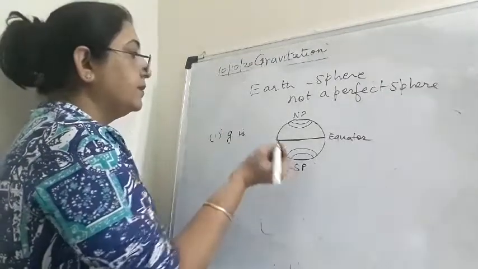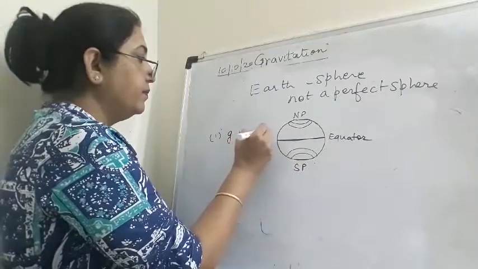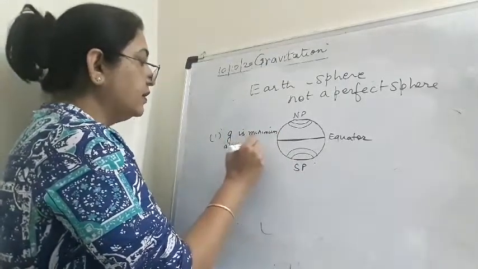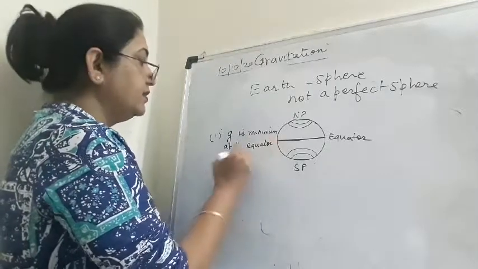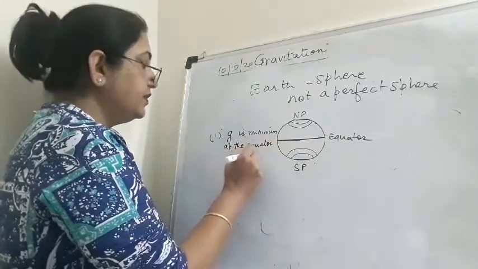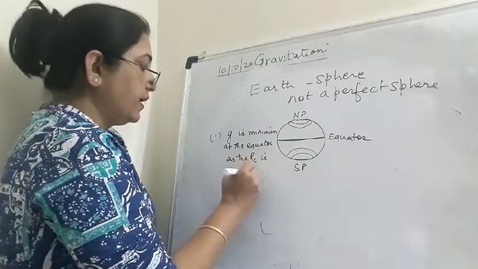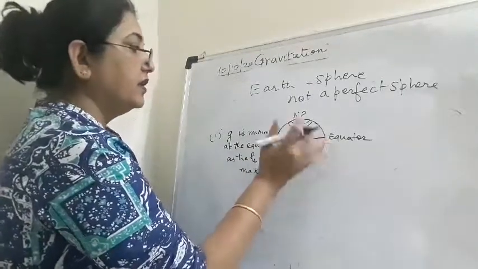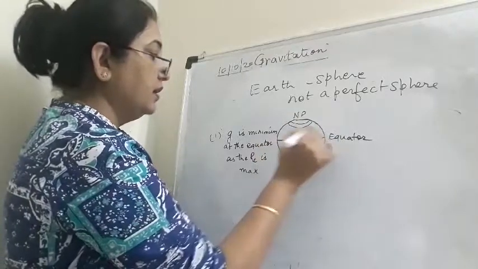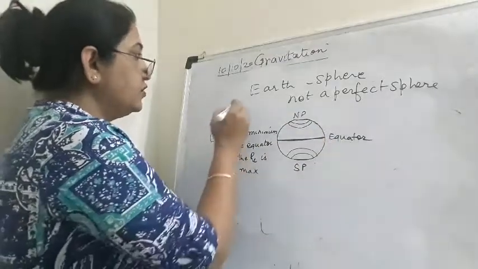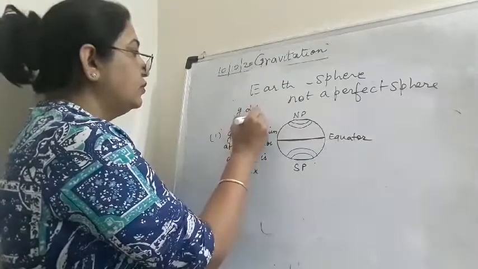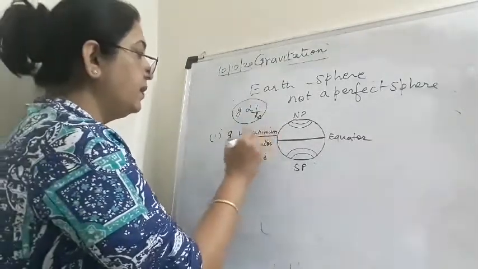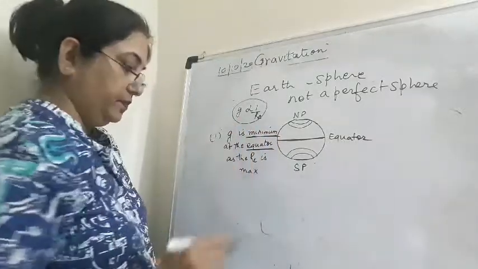G is minimum at the equator as the radius is maximum. You know that if you compare the radius of the earth at the equator, this is a maximum length, and therefore since G is inversely proportional to the radius of the earth, G will be minimum. So remember, G minimum at the equator.